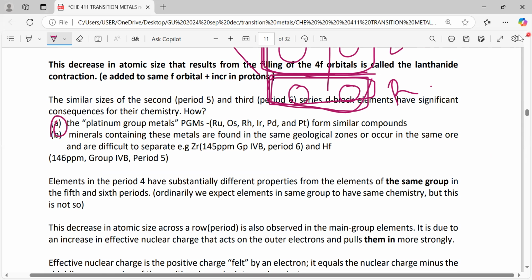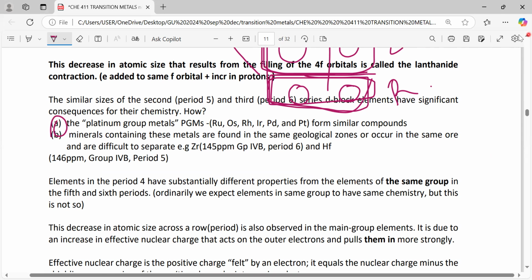Elements in period 4 have substantially different properties from elements of the same group in the 5th and 6th period. Ordinarily, you expect elements in the same group to have the same chemistry, but this is not the case.